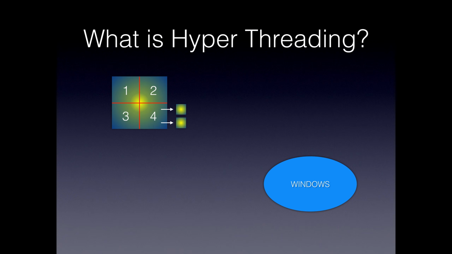Now, these cores are not physical. You can't physically touch them. They're virtual cores that have been generated off the back of each physical core. 2 virtual cores per physical core. And Windows will interact with both of them, sending different threads, or little programs if you like, to each virtual core.